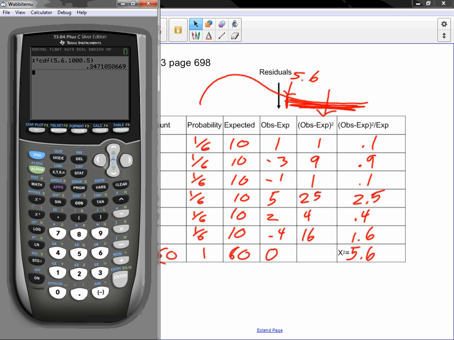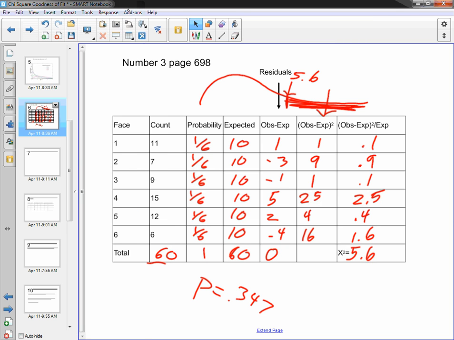Well, if we look at the conditions, what's the first thing that we're checking for? It has to be what type of data? Yeah, it's got to be categorical. Do we have different categories here for our data? Yeah. Okay.